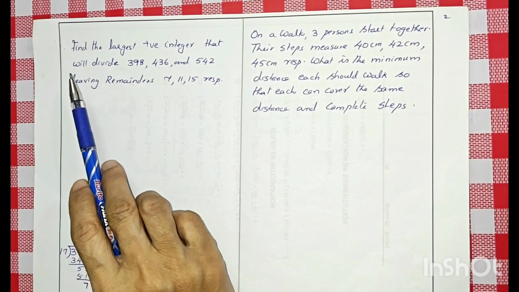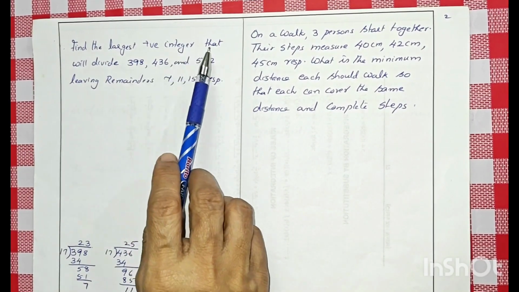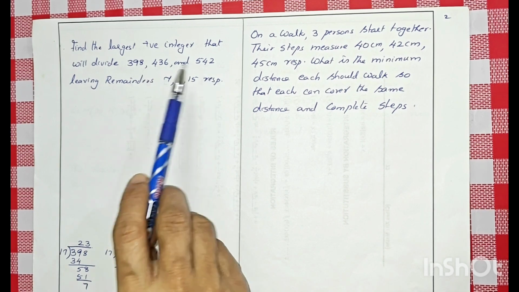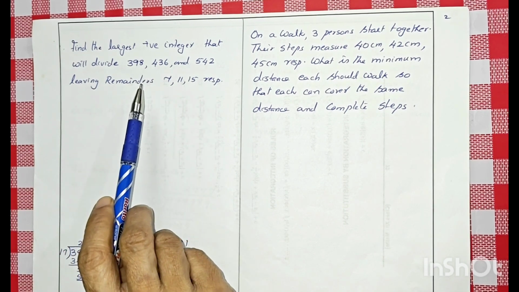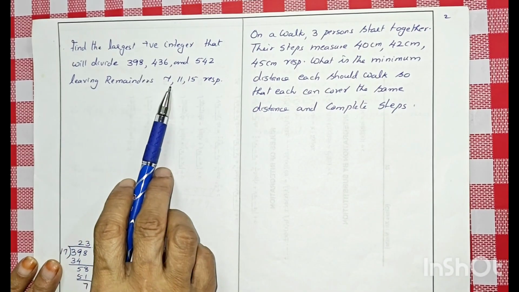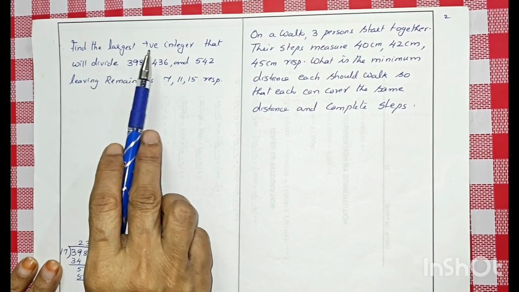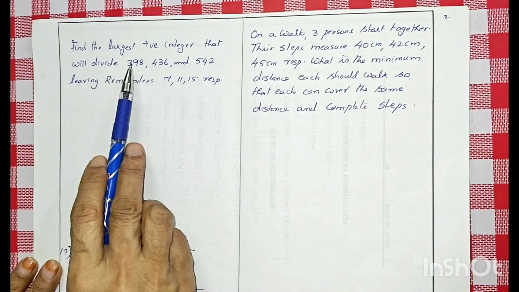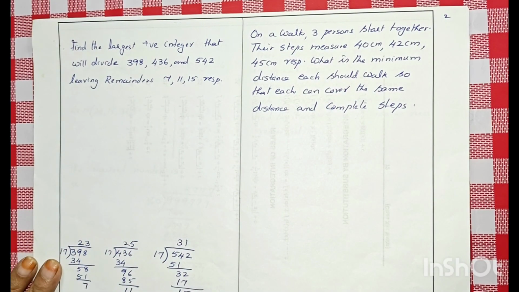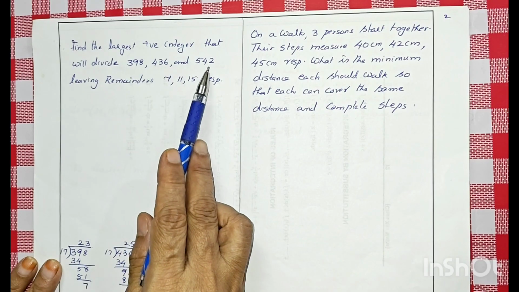The next question. Find the largest positive integer that will divide 398, 436 and 542, leaving remainders of 7, 11 and 15. Here the remainders are different, and you have to find the largest positive integer that will divide 398, 436 and 542.